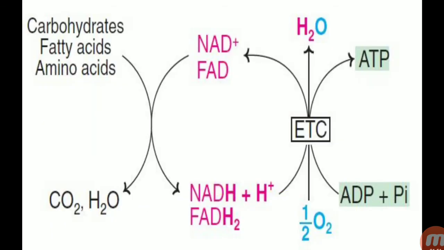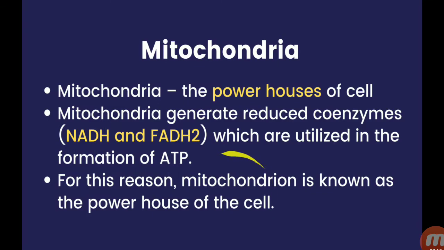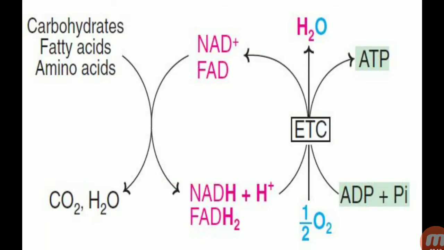Now, when we see the overview of this ETC, carbohydrate, fatty acid, amino acid are oxidized to carbon dioxide and water, and during this process, the reducing equivalents which are formed are taken up by NAD plus and FAD, and then this NAD and FAD are converted to two reduced coenzymes, that is NADH plus H plus and FADH2, and then these two reduced coenzymes enter the electron transport chain.